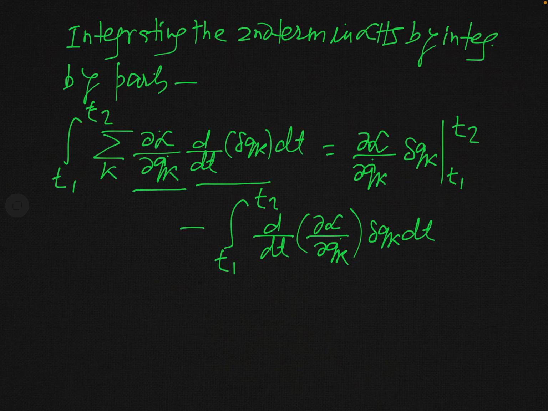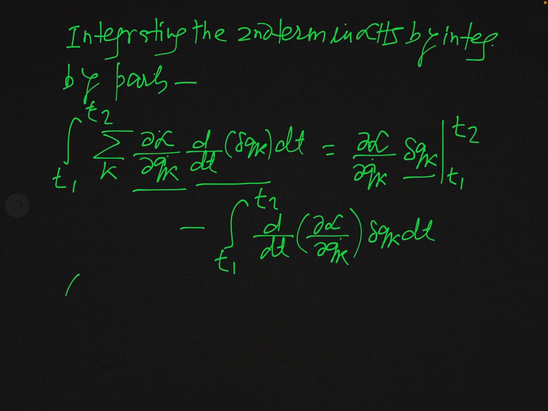Now see the first term in the RHS. As you know, in delta variation, this delta qk vanishes. It is 0 at the end points, and this t1 and t2 actually represent the end points. So at t equal to t1, delta qk will be 0. At t equal to t2, this delta qk will also be 0. So this first term actually vanishes, and its value is 0.